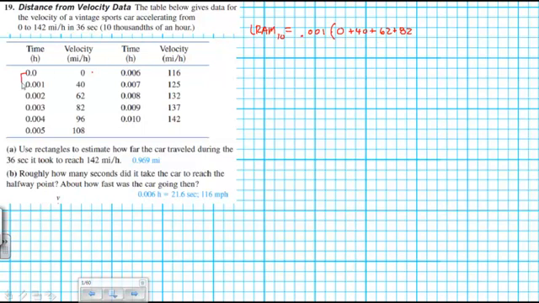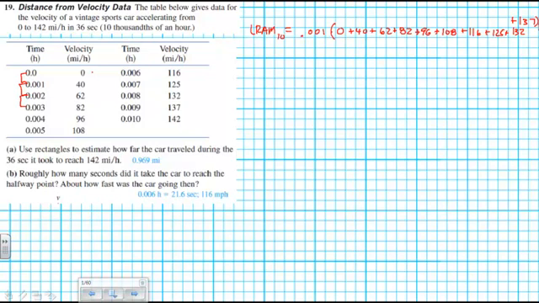So 0 on the first interval, 40 on the second interval, 62 on the next interval, so on and so forth. Plus 108, plus 116, plus 125, plus 132, and I'm running out of space, plus 137.